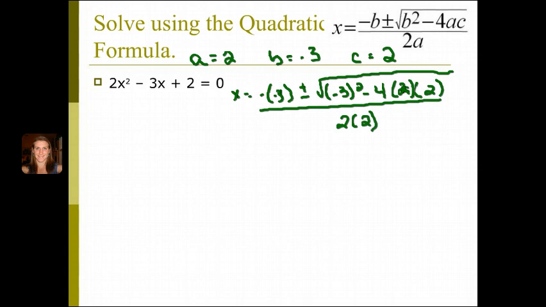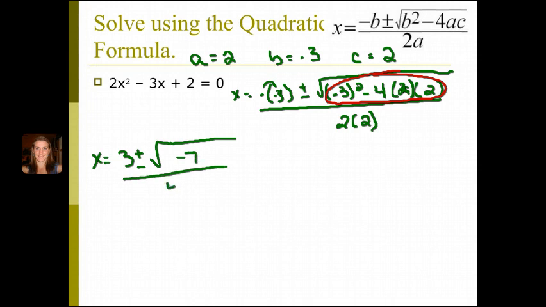Okay, so let's simplify this. X equals positive 3 because a negative times a negative is positive 3 plus or minus the square root. And when we plug everything that's underneath the radical into the calculator, now don't put the radical sign in there, just everything underneath of it, including the parentheses, you will find that it's negative 7 over 4.